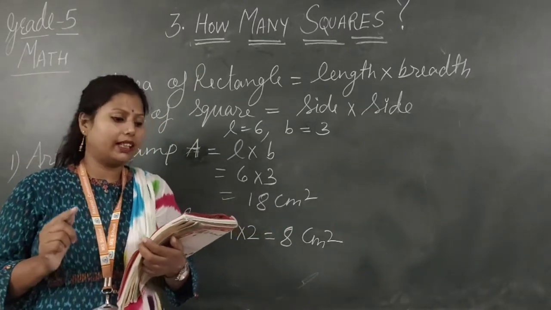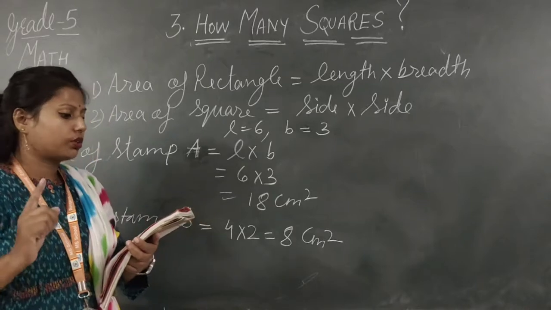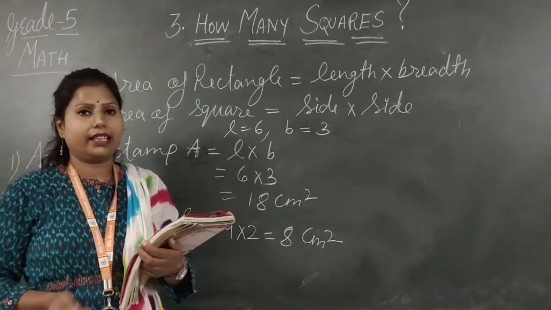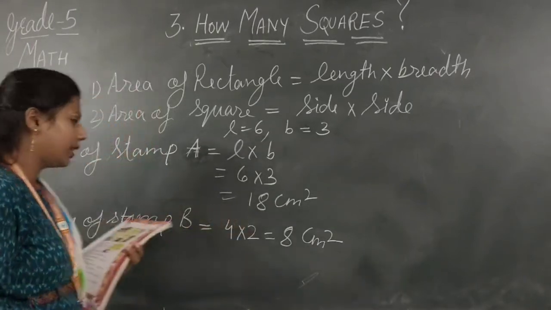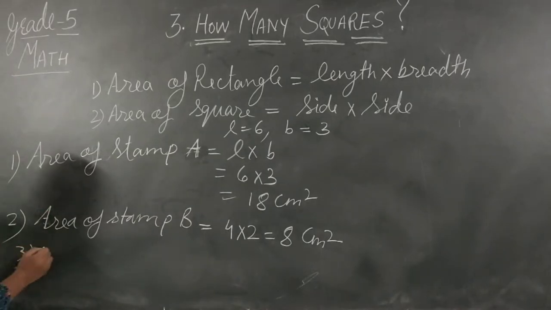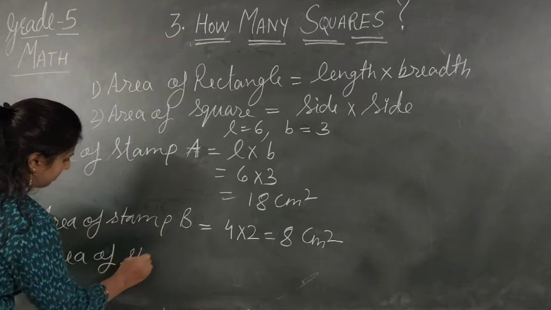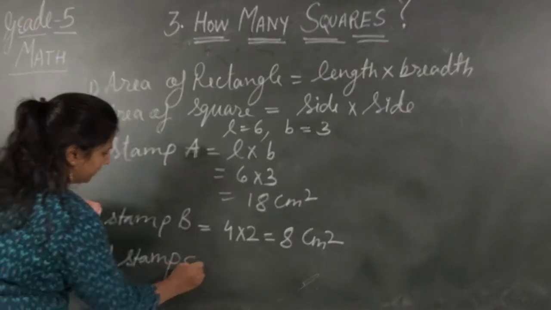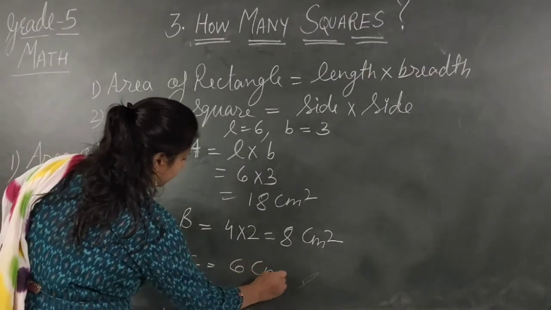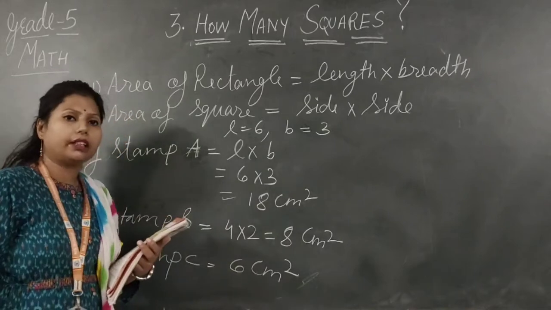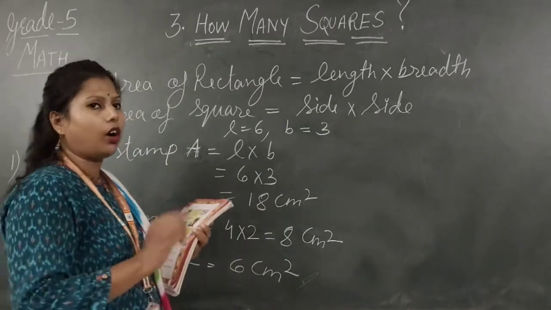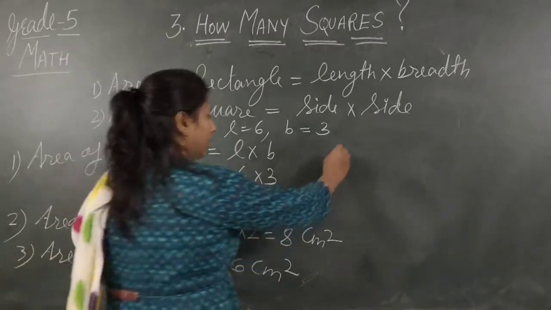How many squares are there in the stamp C? 6 squares are there in stamp C. So what is the area of stamp C? Directly you can say the area of stamp C is 6 centimeter square. How? You can count the squares. These all squares are 6 only.